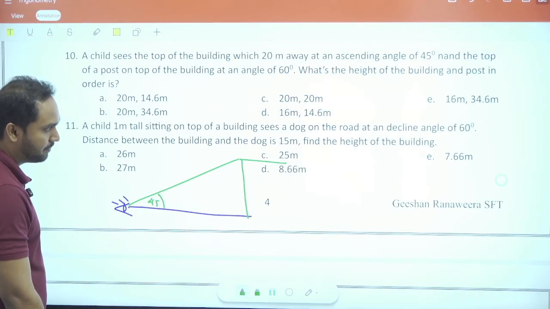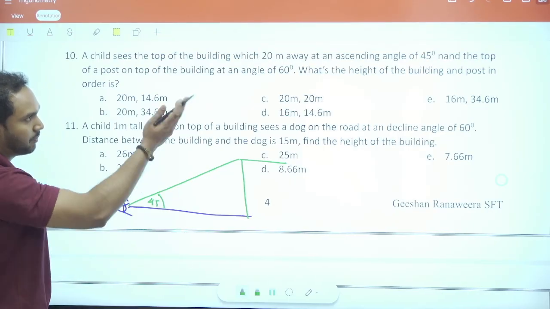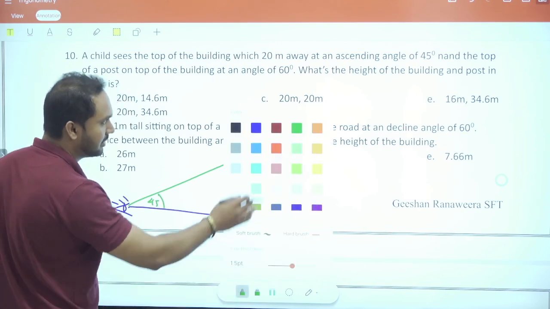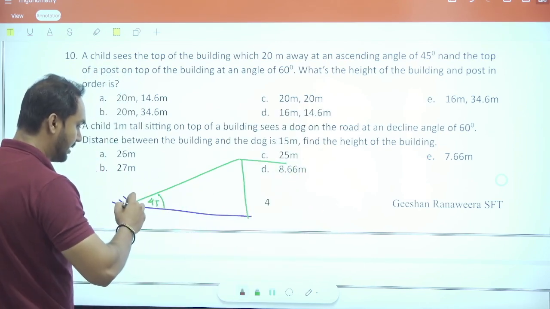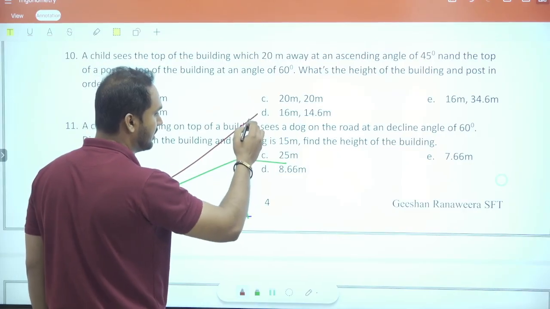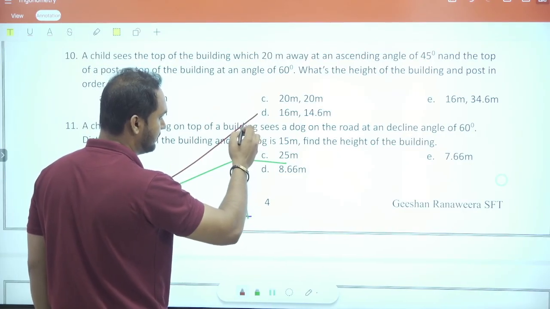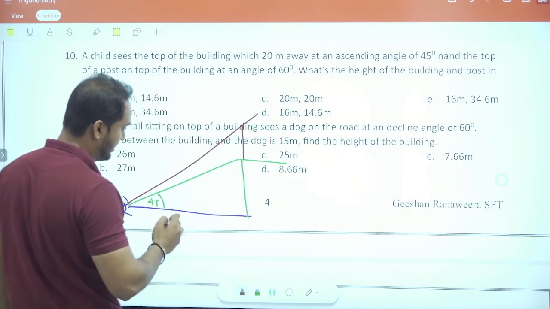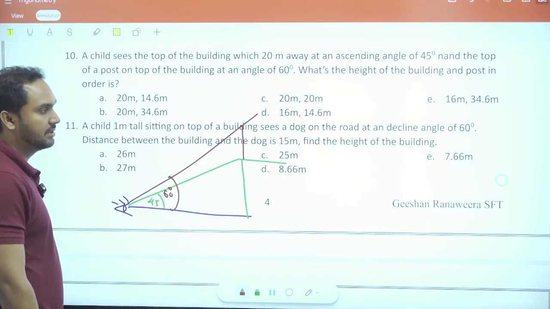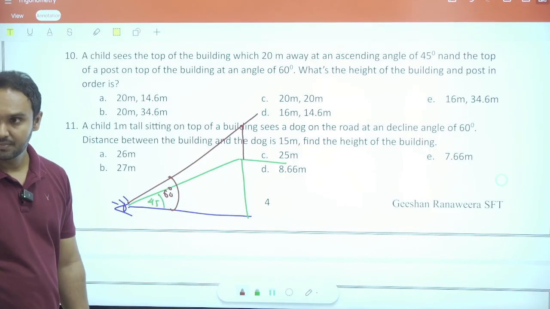And he sees a post at how much of an angle? 60 degrees, which means from here he sees a post, right? Now this is the drawing.